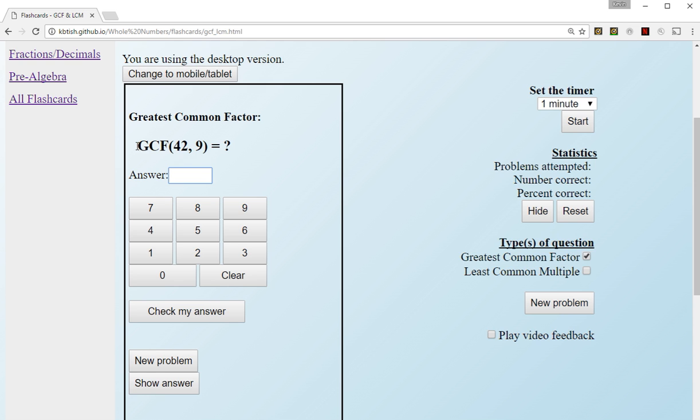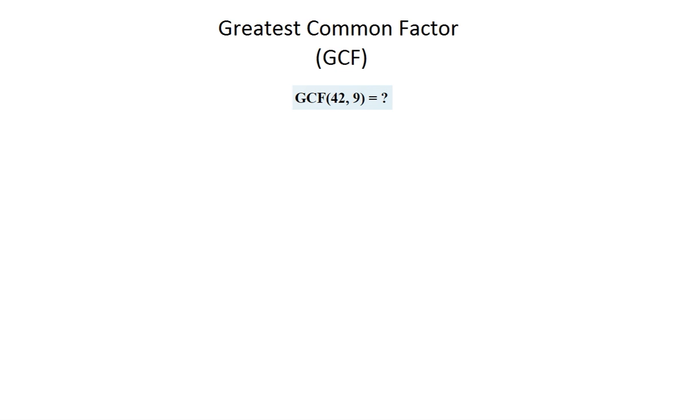So the first problem we're going to look at here is the greatest common factor, or GCF, as it's written here, of these two numbers, 42 and 9. Knowing how to find the greatest common factor can come in handy sometimes for us, especially with fractions.